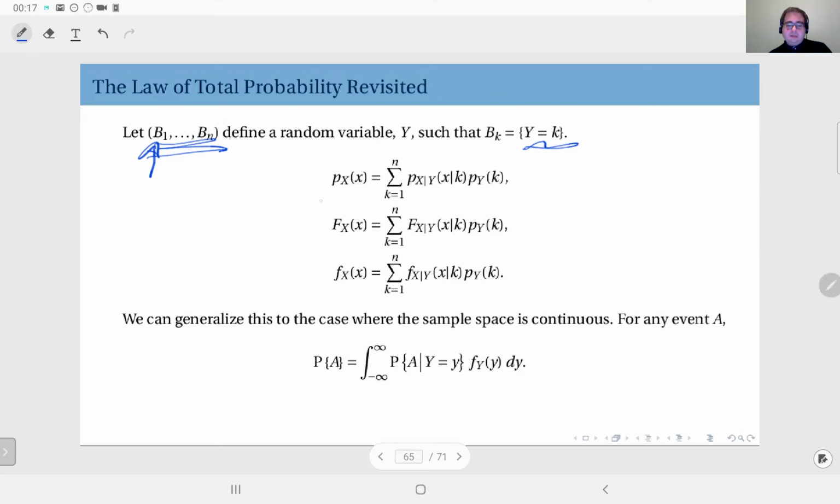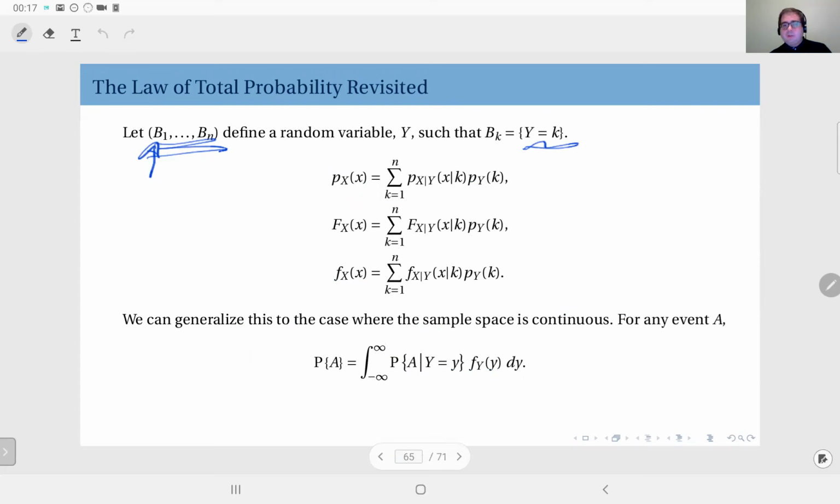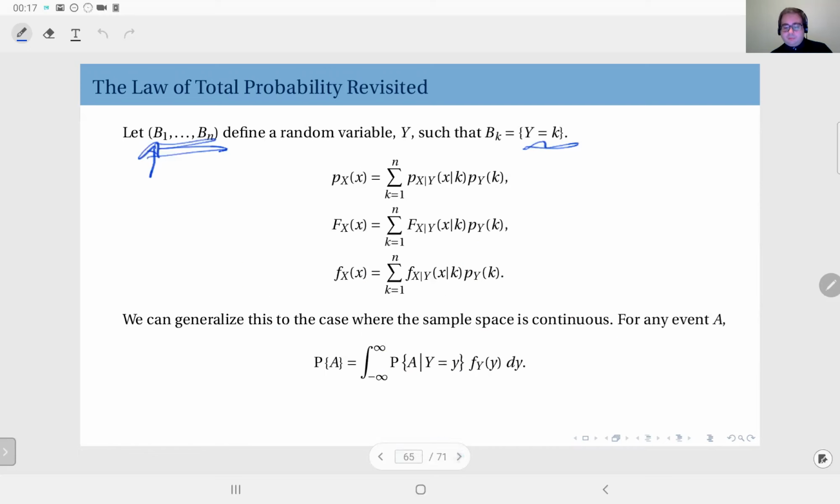And we can just write the same formulas we have seen here, these three formulas, using, instead of B's, the new random variable Y, because you see each probability here, this one and this one and this one, will correspond to the PMF values of Y, the PMF value of Y at k.